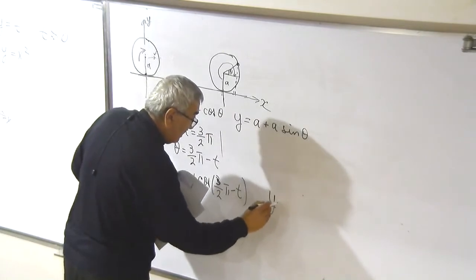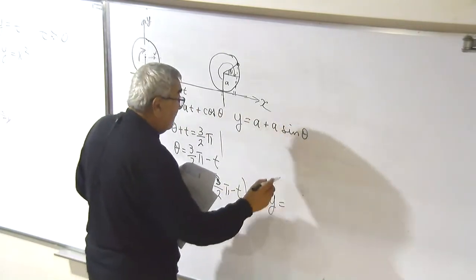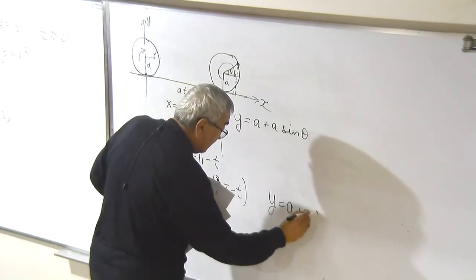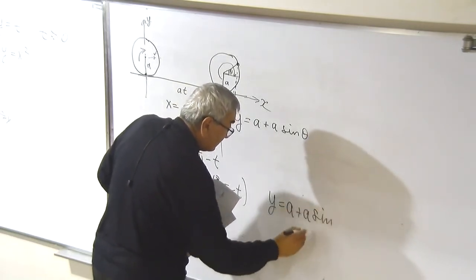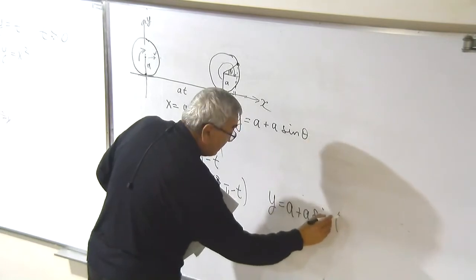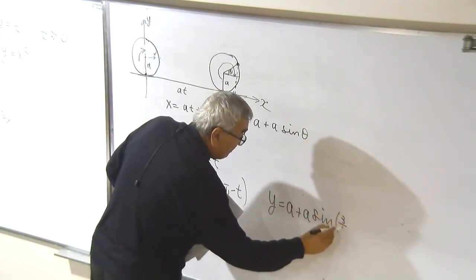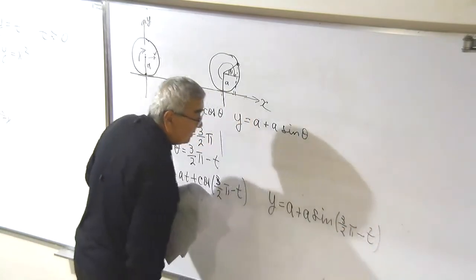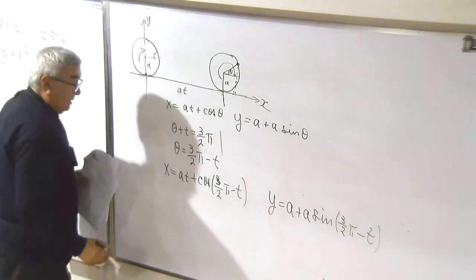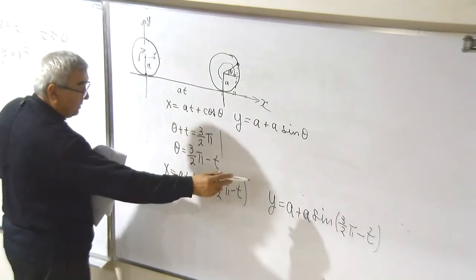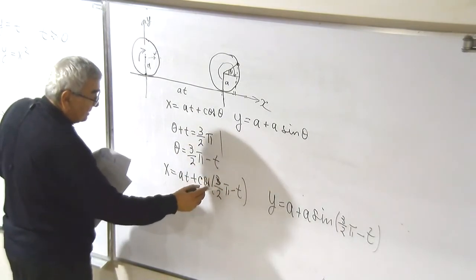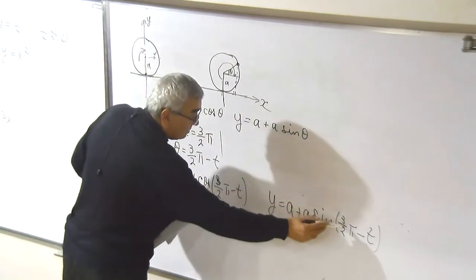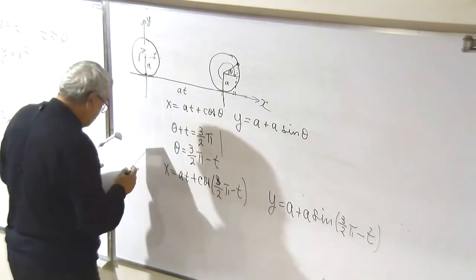Y should be equal to a plus a sine of 3 by 2 pi minus t. Using the property of sine, this will be minus sine t, and this will be minus cos t.